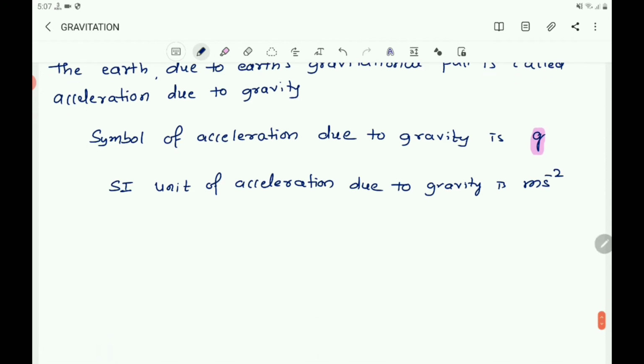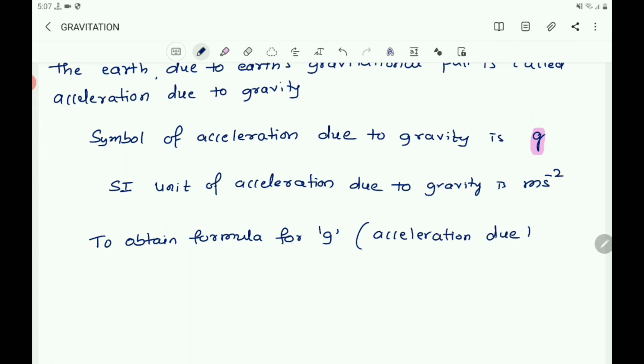So you write, to obtain the formula for g. What is g? It is the notation of the acceleration due to gravity.